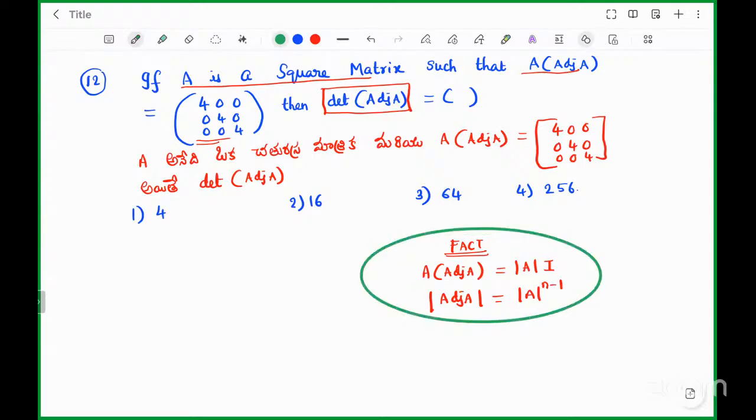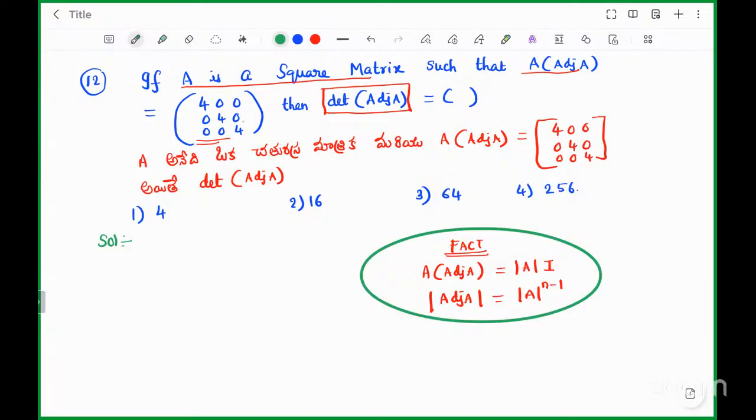Right. So now the solution. As we know that A into adj A is equal to det A into I. Here we have 4 0 0, 0 4 0, 0 0 4.